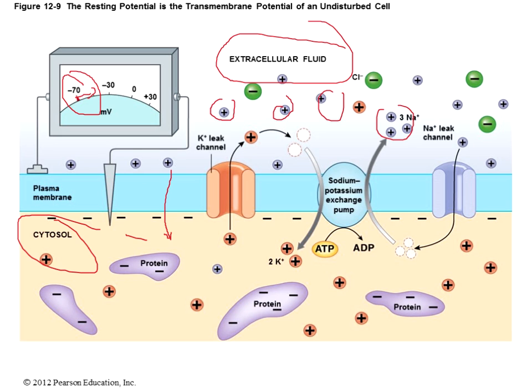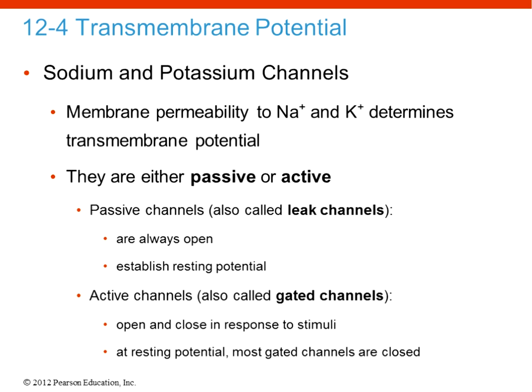Somehow we need to get these positive ions that are being held outside of the cell inside the cell. You get more positive ions inside the cell, that's going to be a depolarization, and that's what's going to generate the impulse.